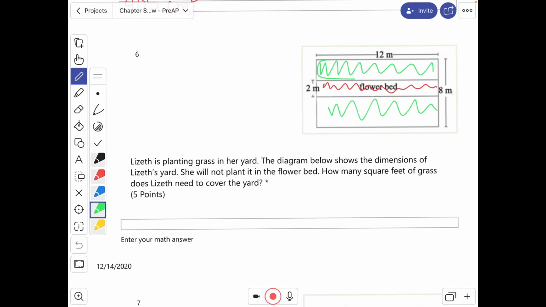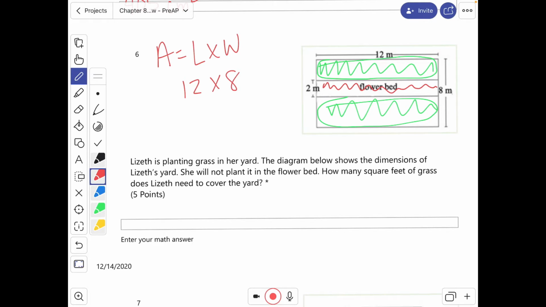You can either find the area of this rectangle plus the area of this one, or you can find the area of the whole big thing and then subtract. I think it's easiest to go ahead and find the area of the big rectangle, which would be 12 times 8, and then subtract the flower bed.